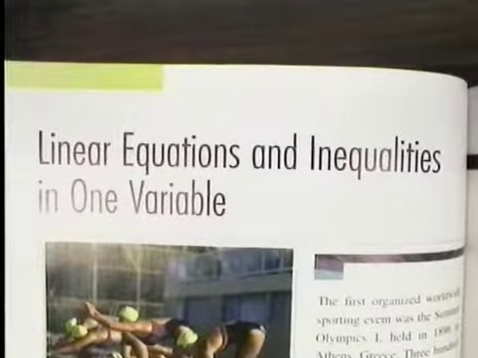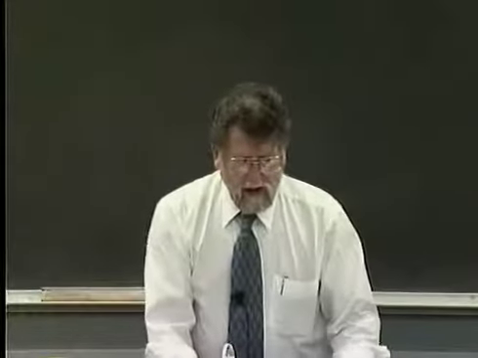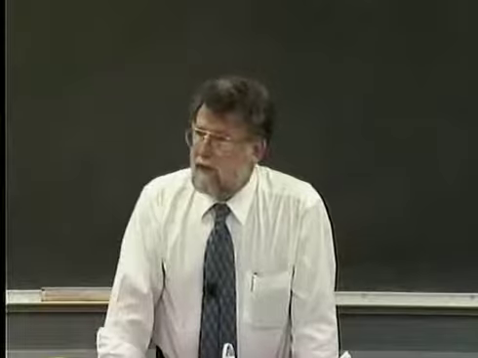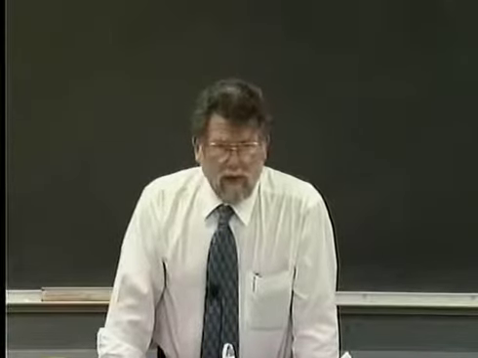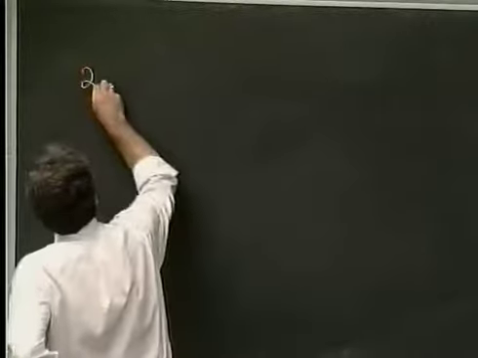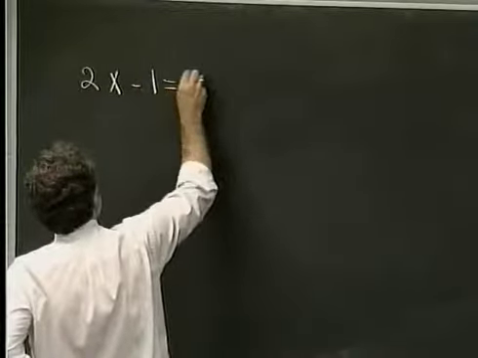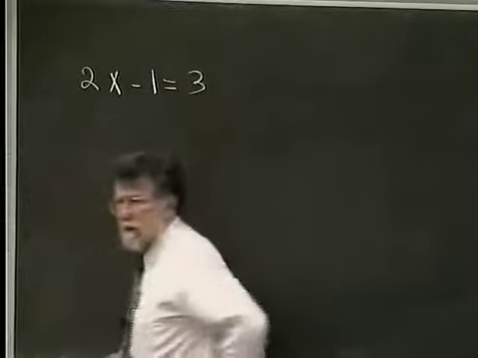So I do need to bring something to your attention here. If we talk about an inequality, we're going to use a symbol different than an equation. And so I need to talk about that briefly. The equation that we talked about yesterday was something like this, where we had 2x minus 1, and we wanted that to equal 3.